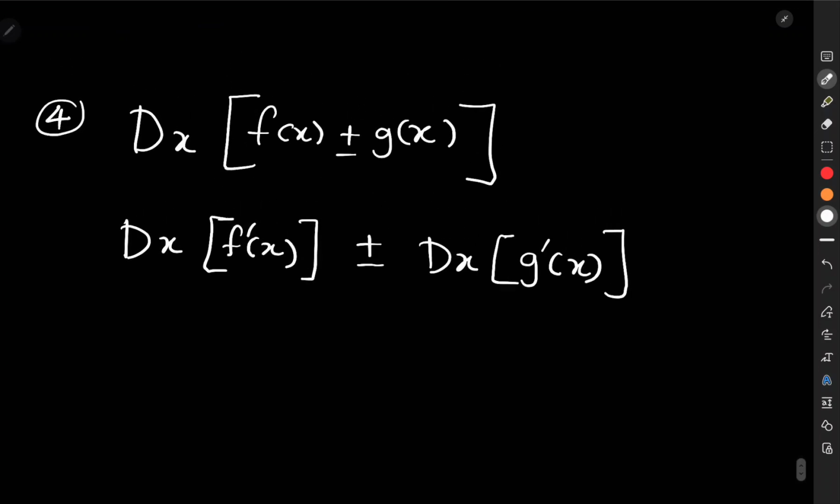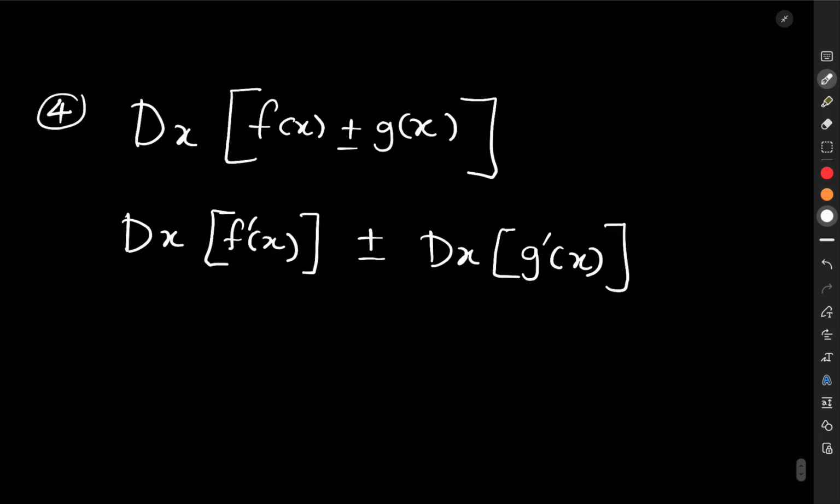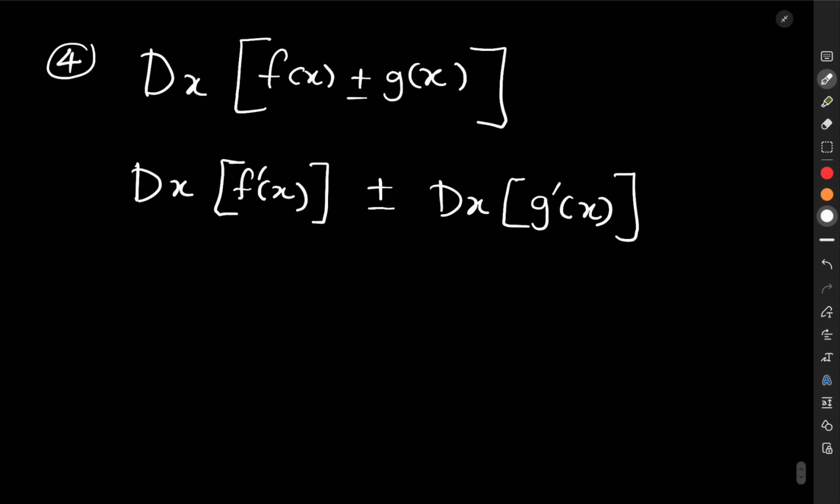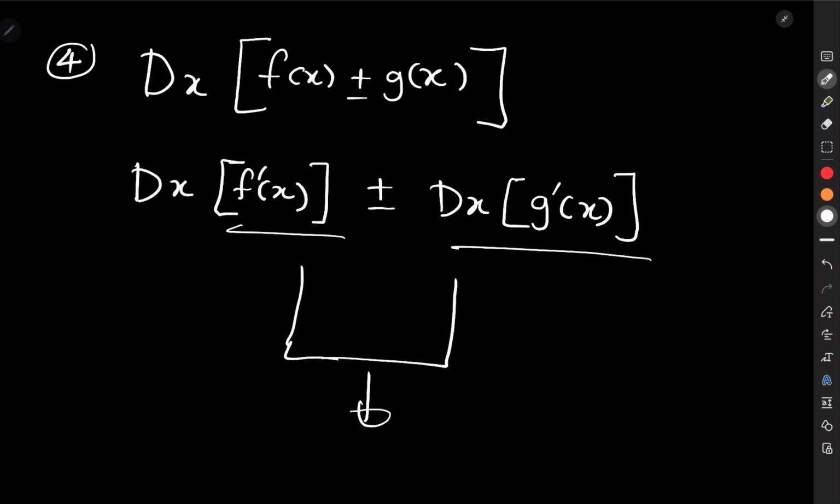So if we're deriving the sum of two functions, basically what we need to do is derive them individually. We derive the first function and then derive the second function, and then we add them together to find one value.